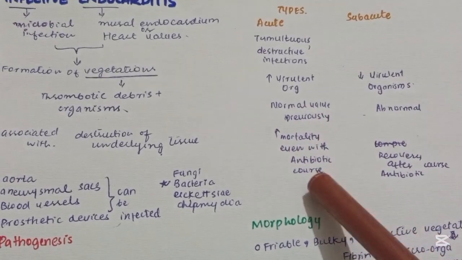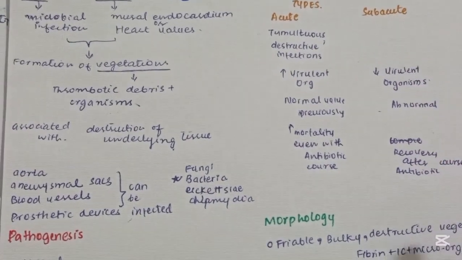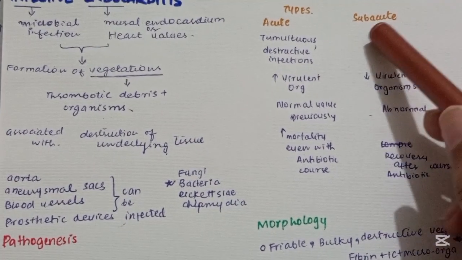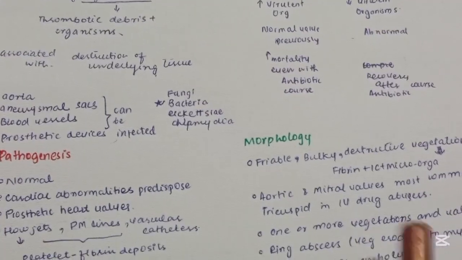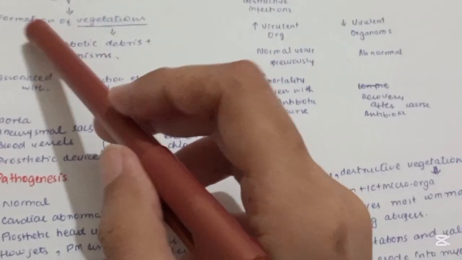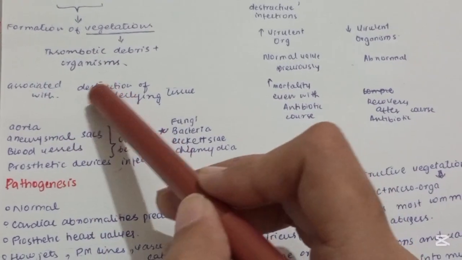So there is high mortality in case of acute, whereas if properly treated, in case of subacute, complete recovery can occur. After the formation of vegetations, it is associated with destruction of underlying cardiac tissues.